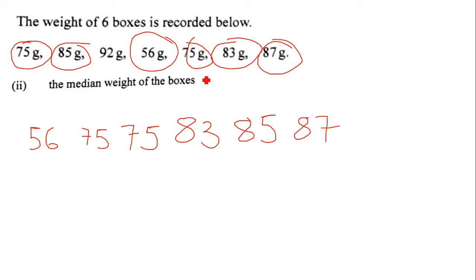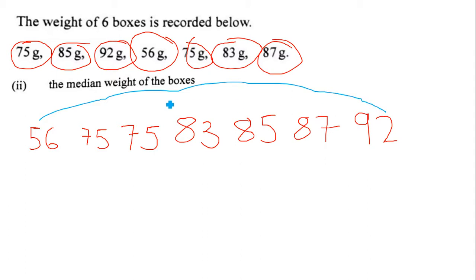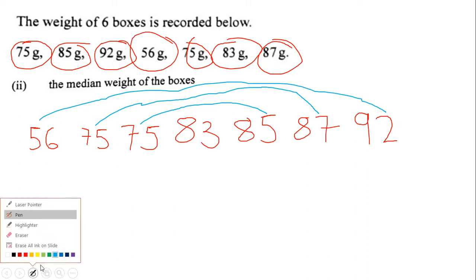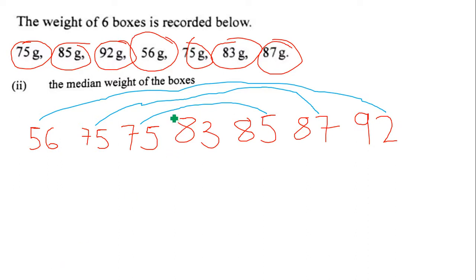The median would be 83 grams. The way we do this is this number connects with 92, 75 connects with 87, and 75 connects with 85, leaving us with the middle number as 83.